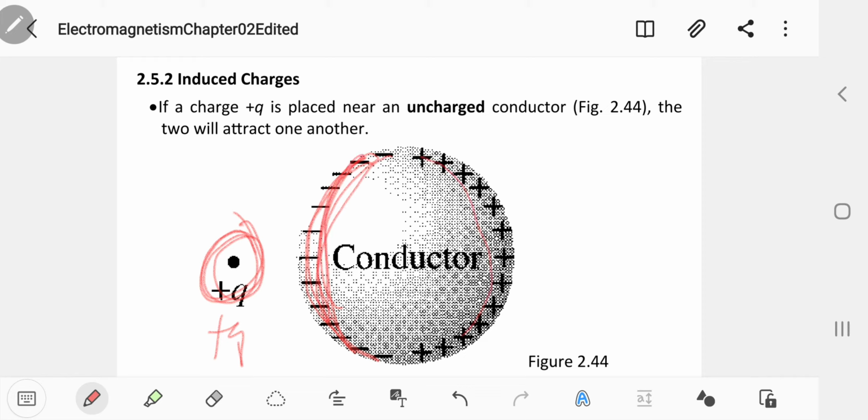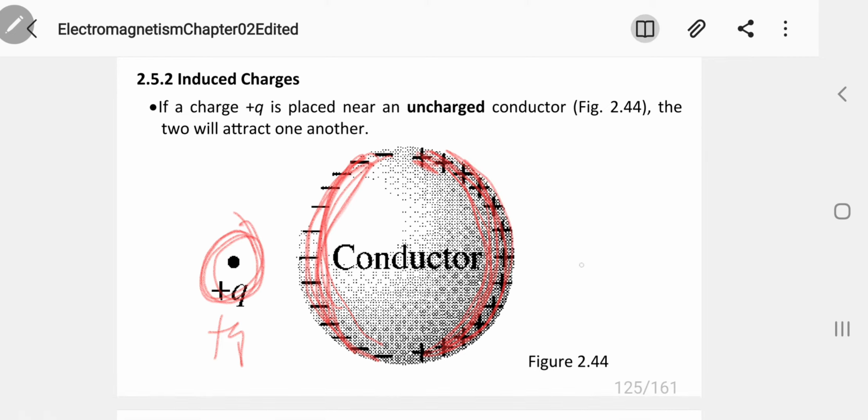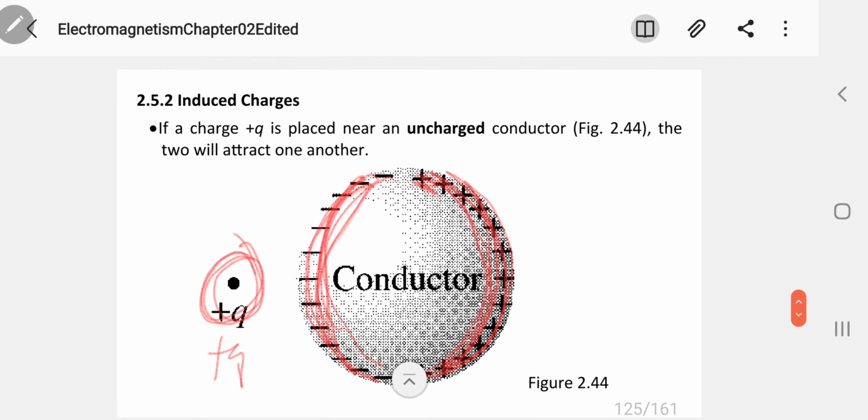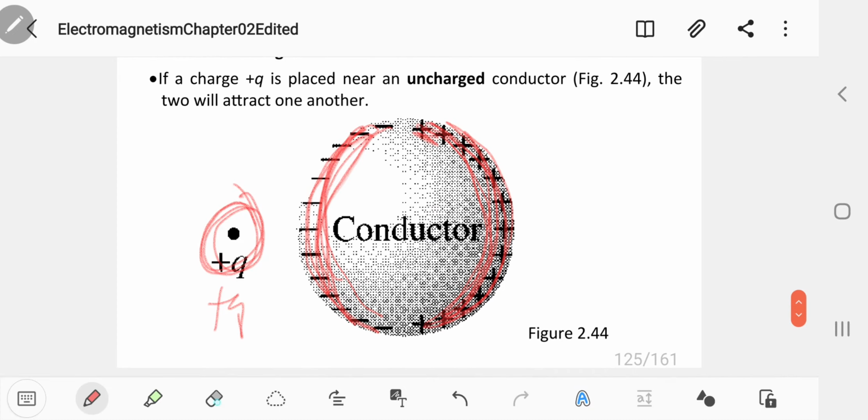The positive charges will concentrate on the other side. Actually, the positive charges don't move, only the negative charges move. But since the electrons are here, it will give a net positive charge on this side. Okay.